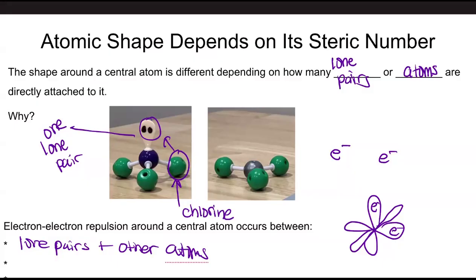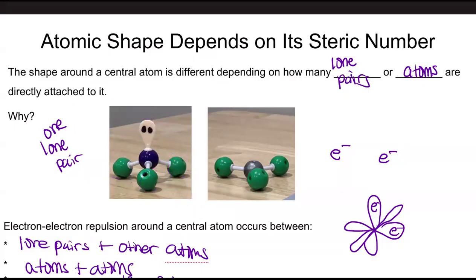Also repelling each other are these two atoms, so atoms repelling with other atoms. And then of course, if I had two lone pairs, they want to distance themselves from other lone pairs. But of course, they are around the central atom, so they only have so much space that they can move around to avoid each other.